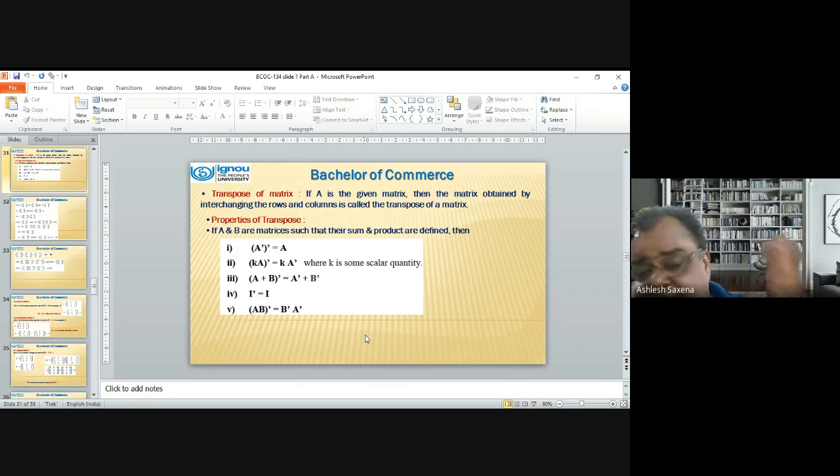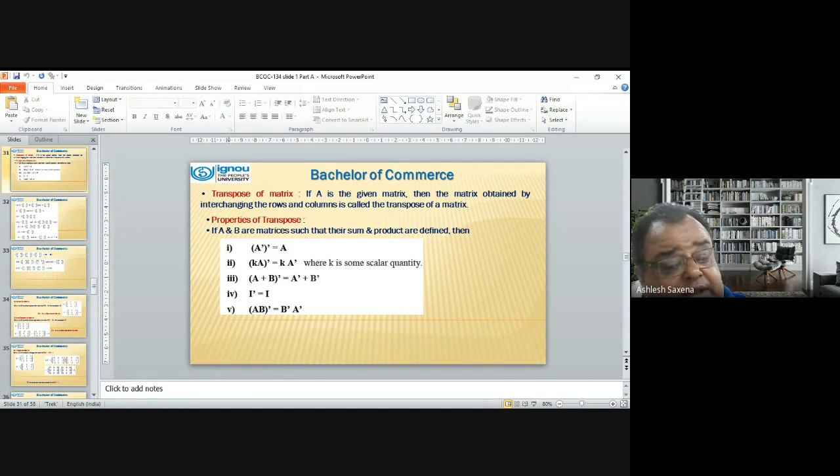K is a scalar quantity, and it will be a product with A dash. A plus B dash will be equal to A dash plus B dash. Transpose of identity matrix is an identity matrix.